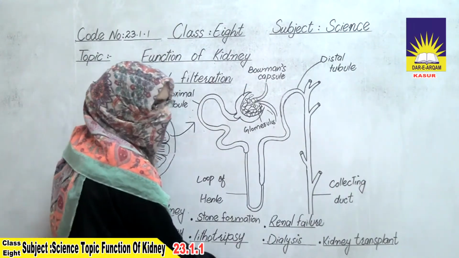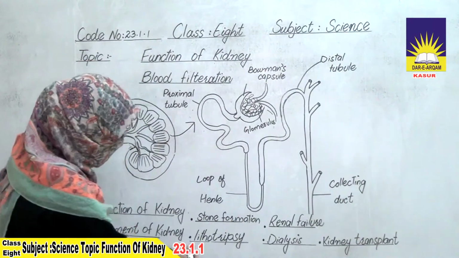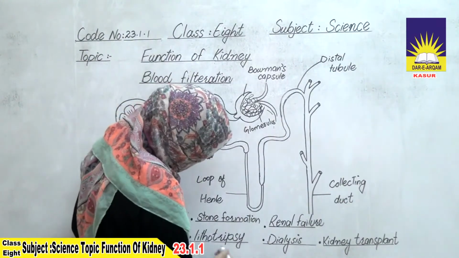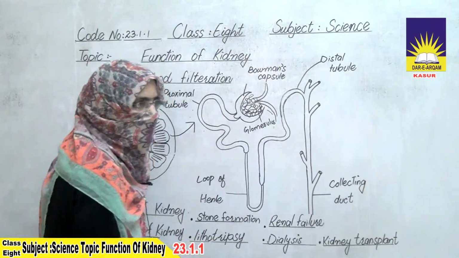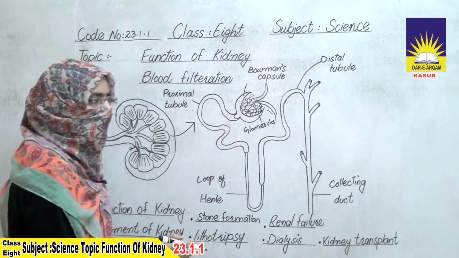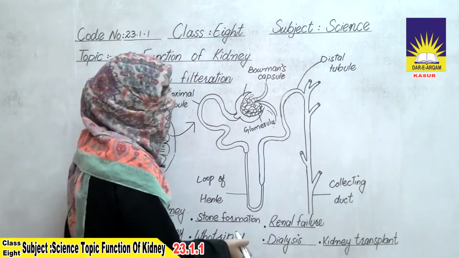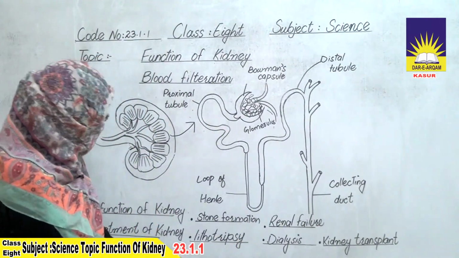Lithotripsy is a process in which we bombard waves on the stones, and then large stones break down into small stones, and then small stones are removed from our body by the urine.